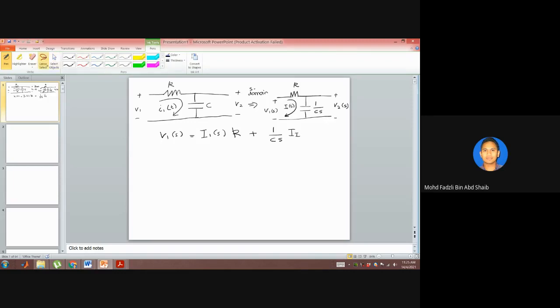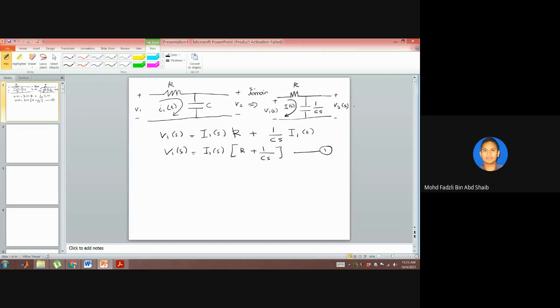We group it together: I1(S) times R plus 1 over CS. This becomes equation number 1.